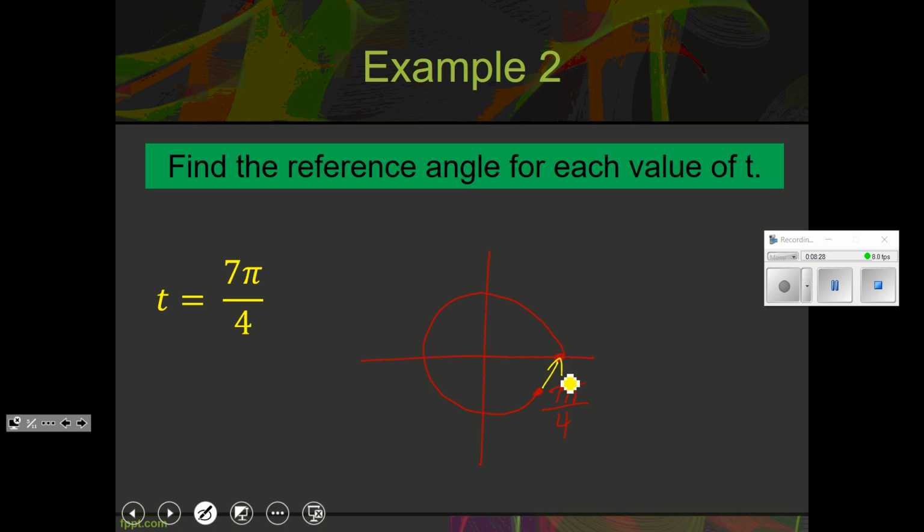Okay, so you need to understand how to count. You know this would be 4 pi over 4, right? All the way around would be how much? 8 pi over 4 would be there. So my question is, how much further do I need to go? I need to get pi over 4. That's your reference angle. So the reference angle is going to be equal to pi over 4.